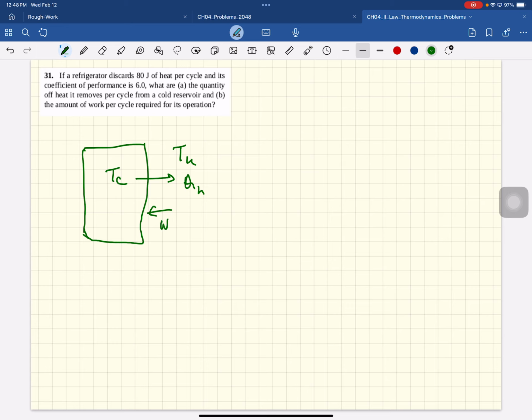So now this diagram: TC, TH, it's removing QC, it has to do work, and QH that is being dumped is QC plus W.